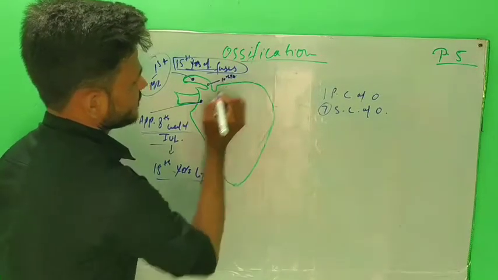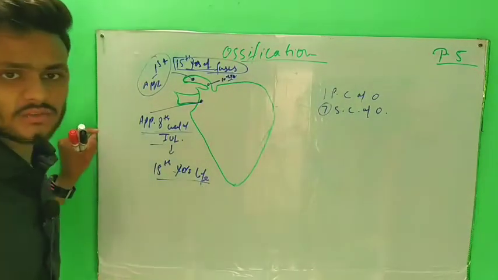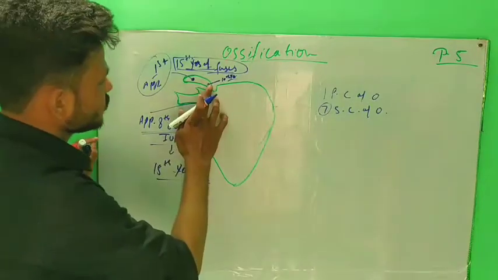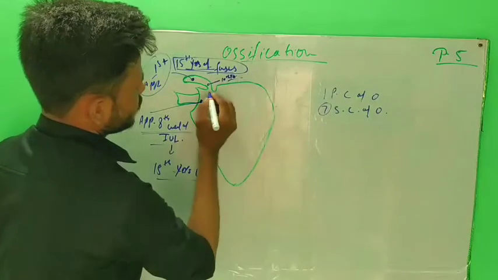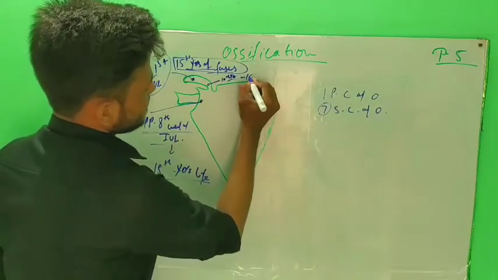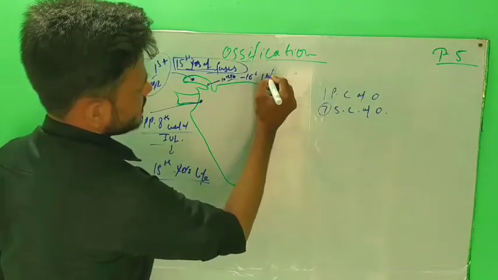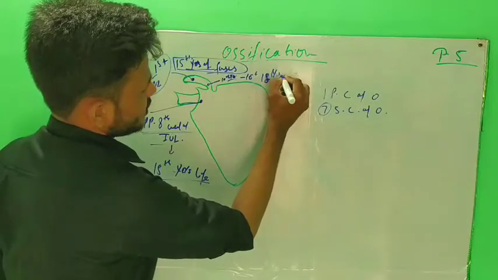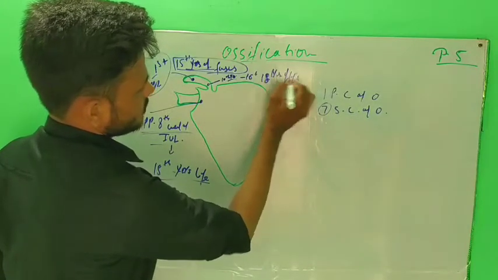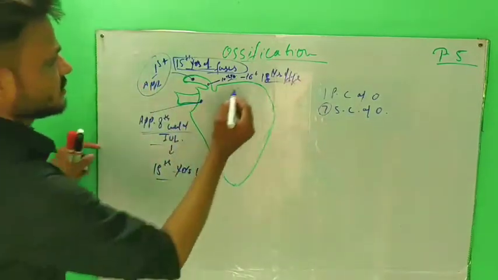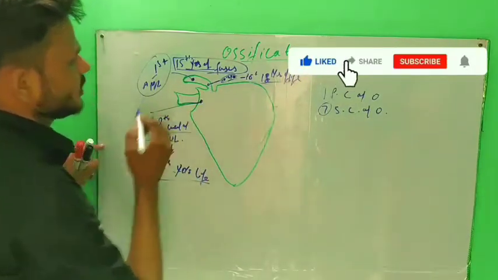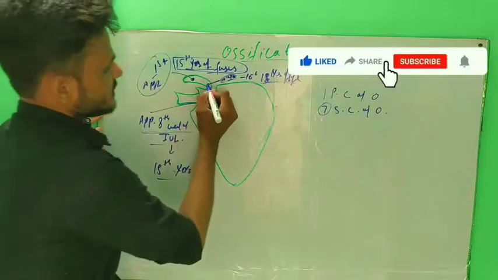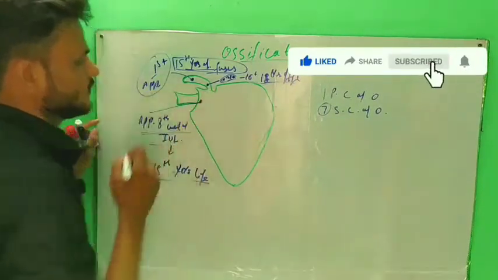It appears during the 10th year of life, and it fuses during the 16th to 18th year of life. This is the second secondary center of ossification.